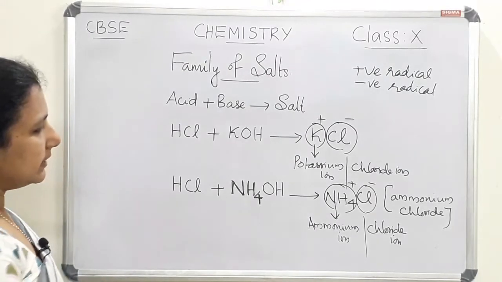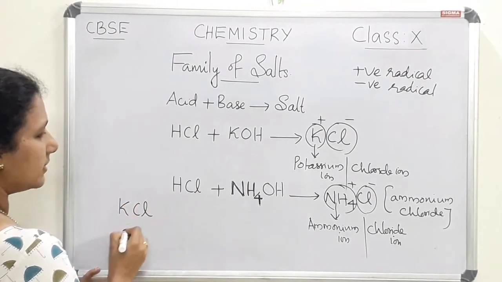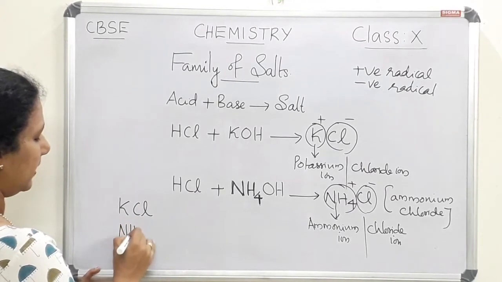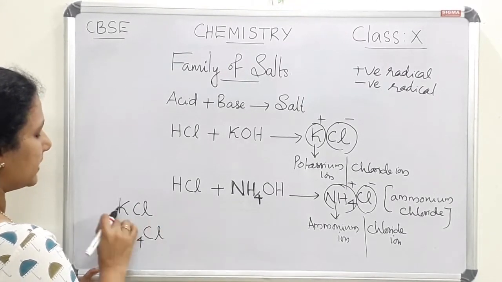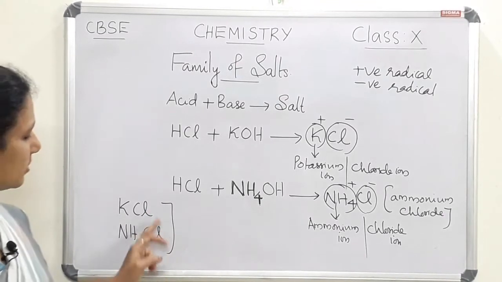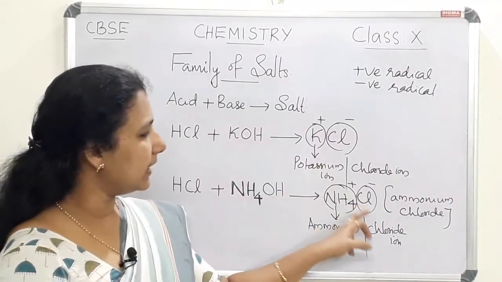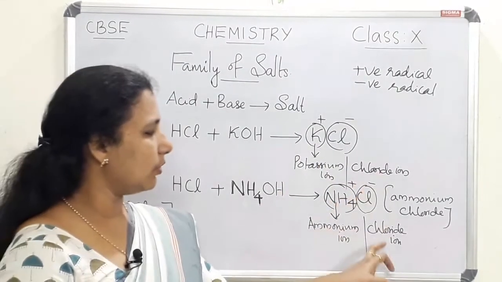Now let us consider these two examples together, KCl and NH4Cl. One is potassium chloride, the other is ammonium chloride. In these two cases the negative part, or negative radical, is the same, the chloride ion.